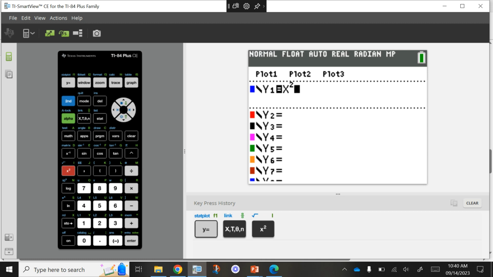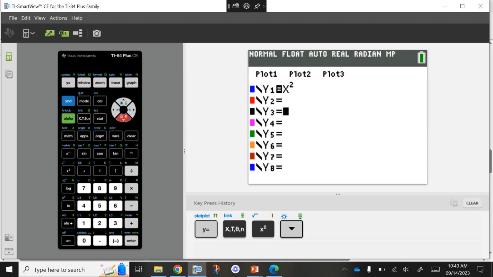Your square button is up here across diagonal from the 7. And then underneath that, I'm going to graph the new one. I'm going to make it pink. The X is the button next to alpha. And then squared.